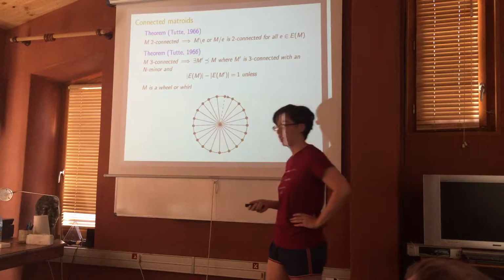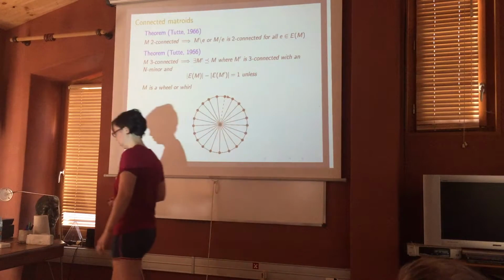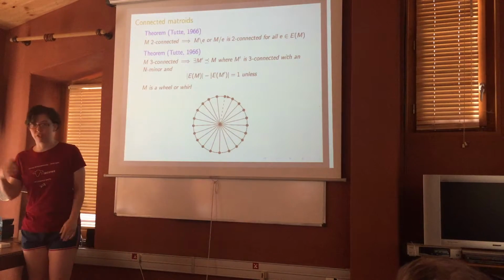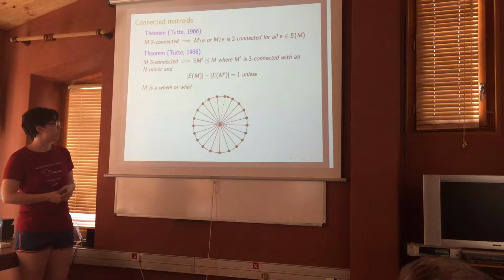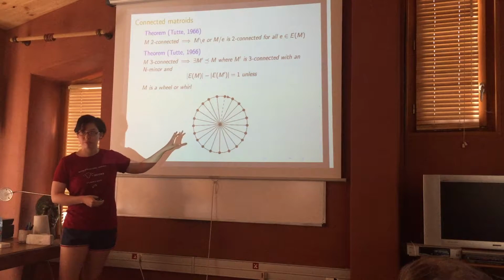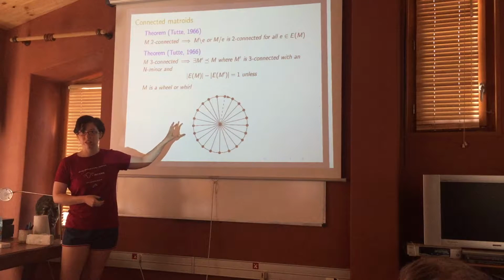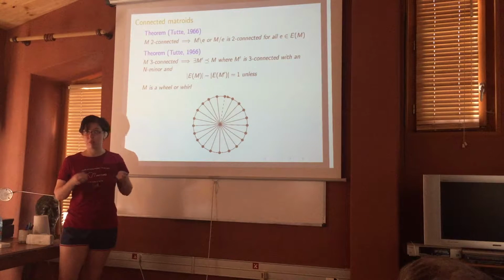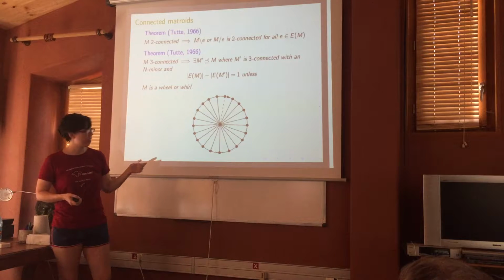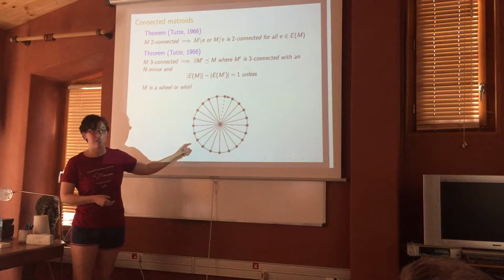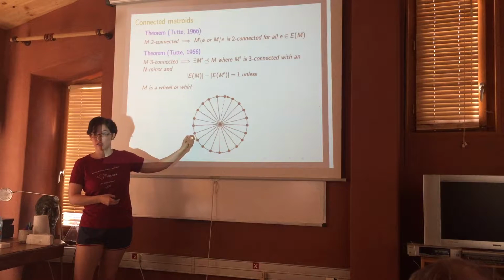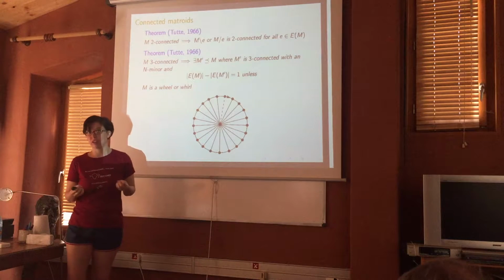There's one exception in the graph case and 2 exceptions if you consider binary matroids, well, if you consider all matroids. The exception in the case of graphs is a wheel. If you have a wheel, it's three-connected. It doesn't break apart as a two-sum, but each of your edges in your graph is in a triangle. So as soon as you contract one of those edges, you're going to create a two-sum.